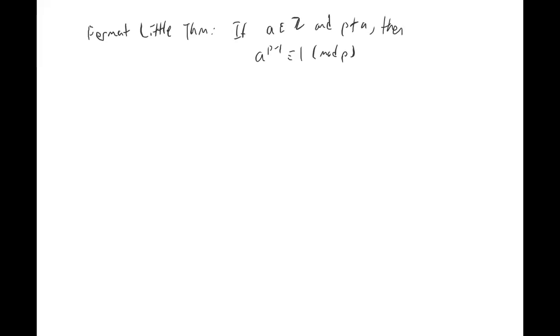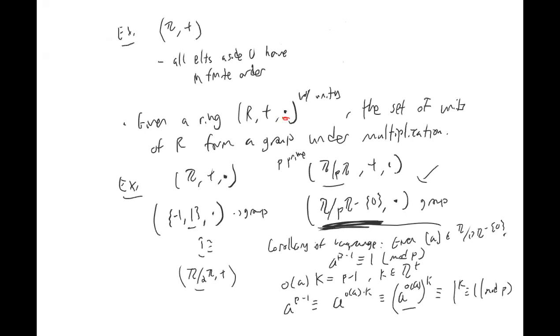So why does P not divide a? If P divides a, what is a when you mod P? Yeah, it's 0, right? And we were working without 0, right? So this is just saying exclude all the things that are 0 in Z mod PZ, which precisely means you're not divisible by P, right?